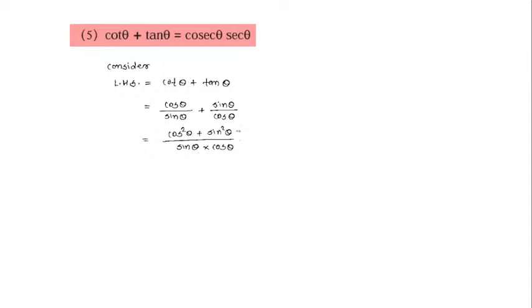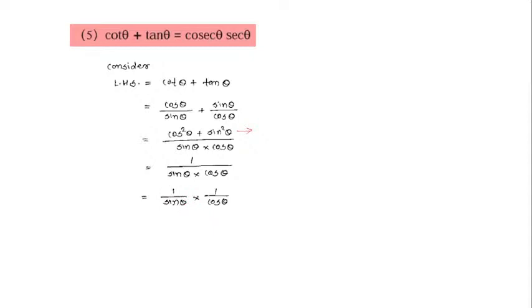Again in the numerator we have cos square theta plus sin square theta, which is the first trigonometric identity, and its value is 1. So we can write 1 divided by sin theta into cos theta. Now let's split it: 1 divided by sin theta into 1 divided by cos theta.